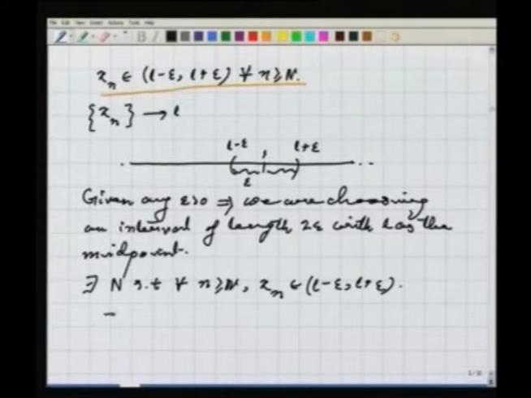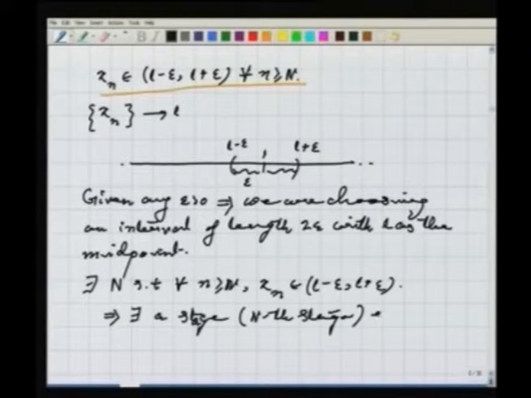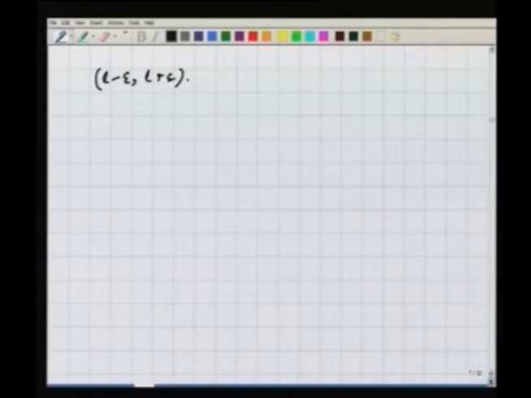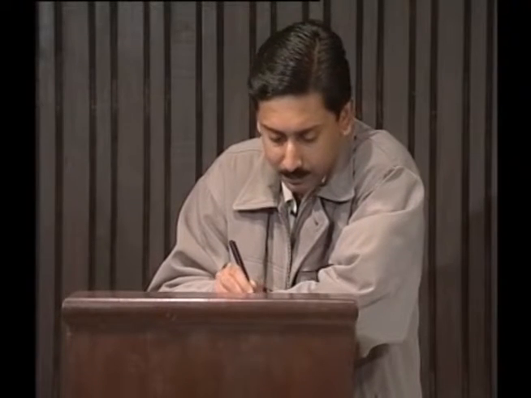In English, it means there exists a stage, in this case the nth stage, such that after this stage all x n's are in the interval.